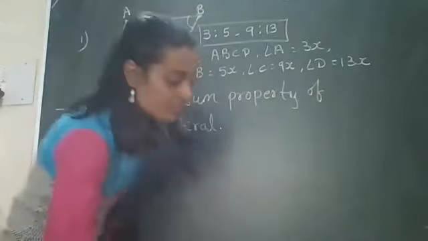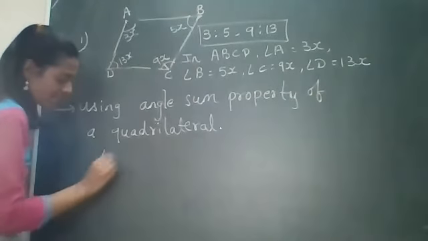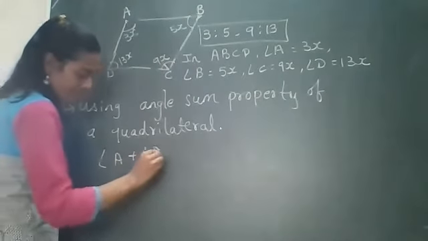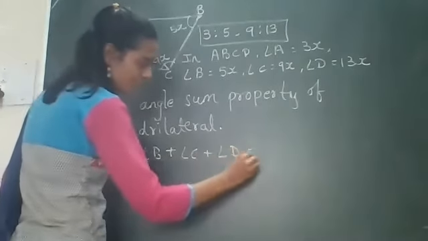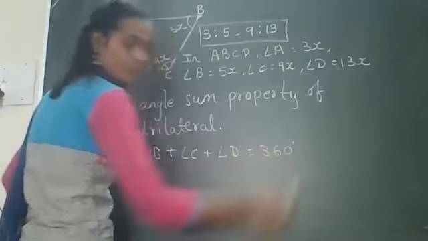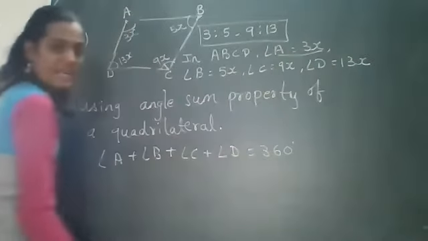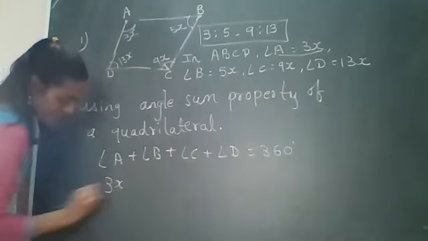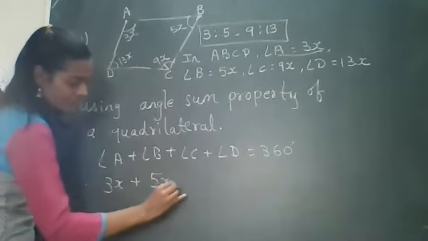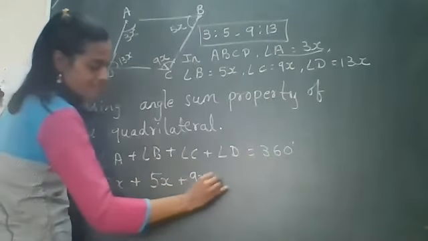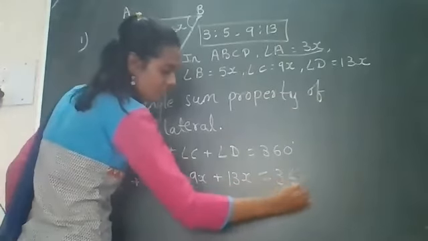So angle A plus angle B plus angle C plus angle D is equal to 360. So angle A is 3x, B is 5x, C is 9x and D is 13x, equal to 360.